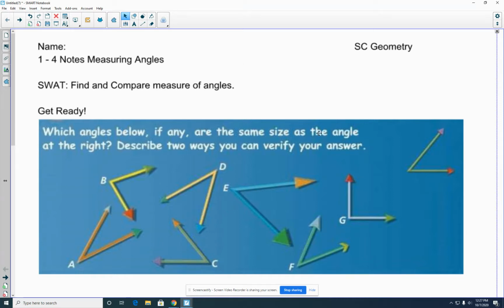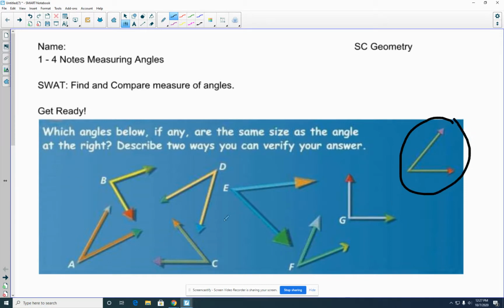To get started, there's just this very general diagram, and we're discussing quickly if we can figure out, are any angles the same size as this angle over here?